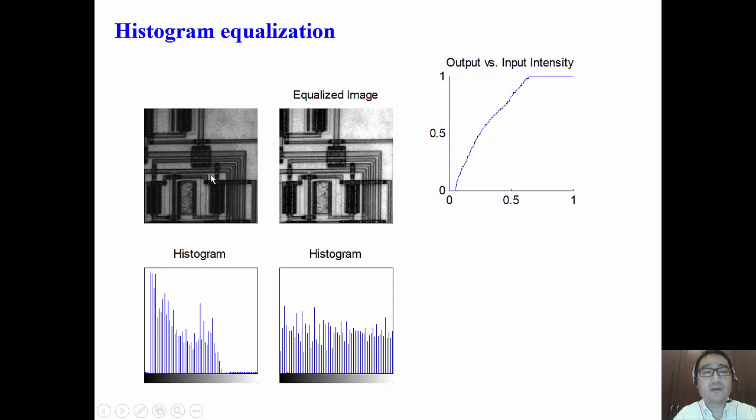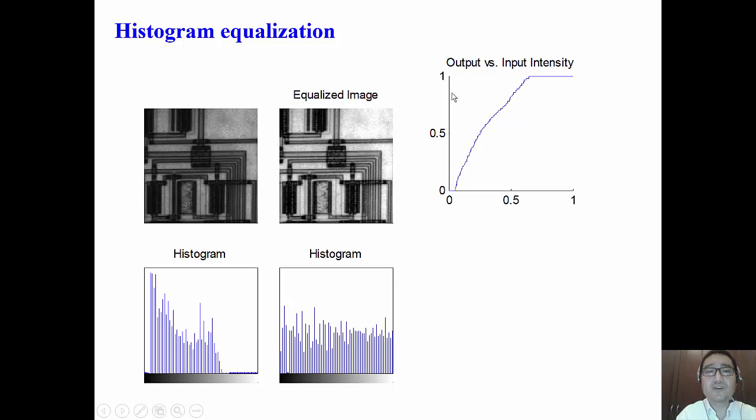You can do a nonlinear mapping of the intensities through a function just like what you see on the top right. On the horizontal axis, this is the input intensity. On the vertical axis, you have the output intensity. As you can see here, you basically lift up the lower intensity levels very much.